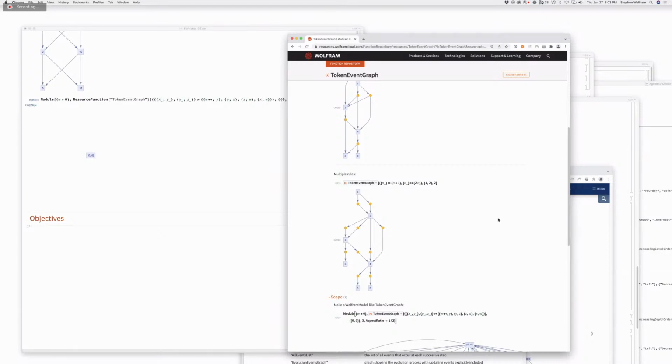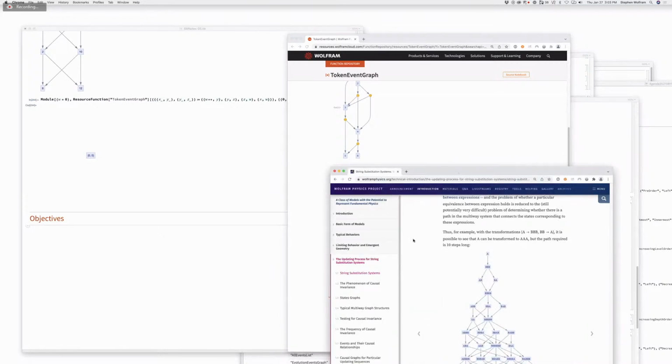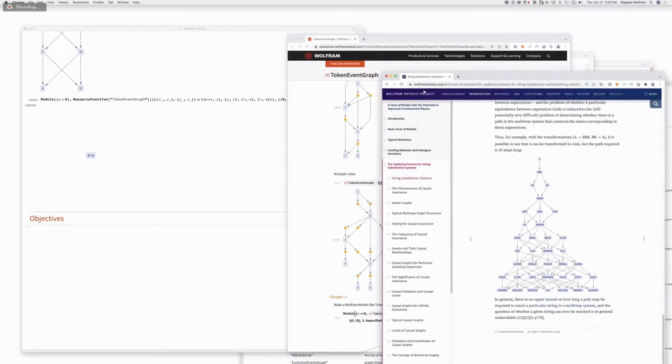A Petri net is something very much like this, except that I think Jonathan's calling them capacitated multi-way graphs, where you are using up tokens. Petri nets call them tokens, but we have to call them something different. Maybe there's an example here. Anybody else want to fill in what the story is there?